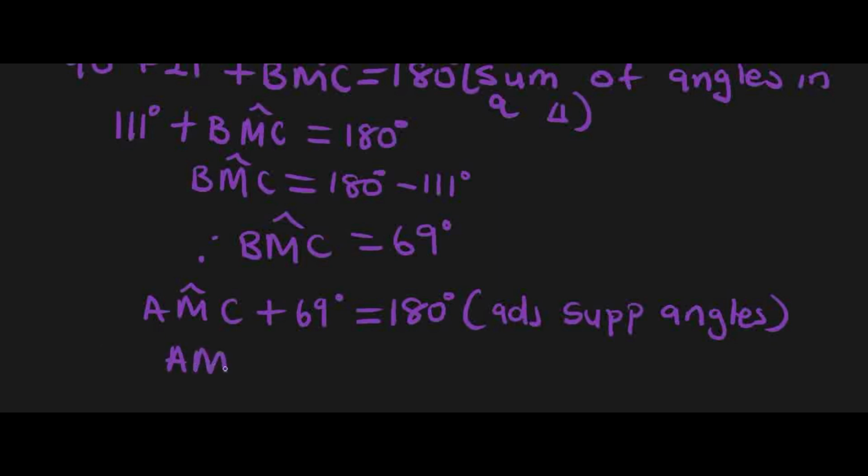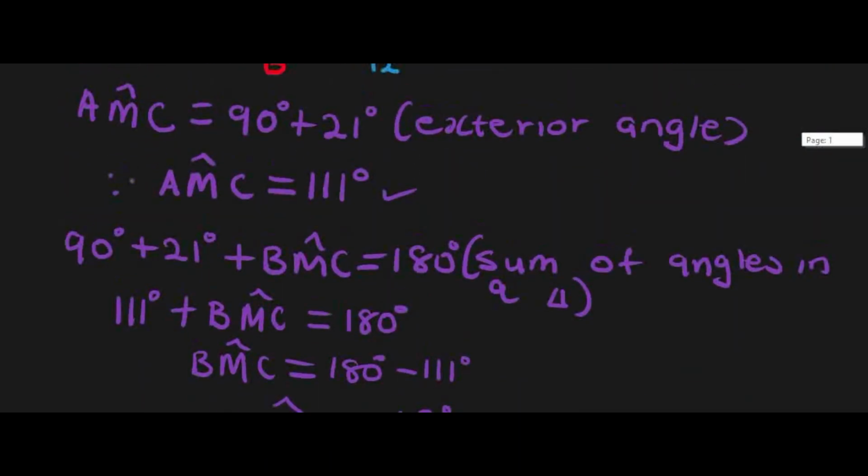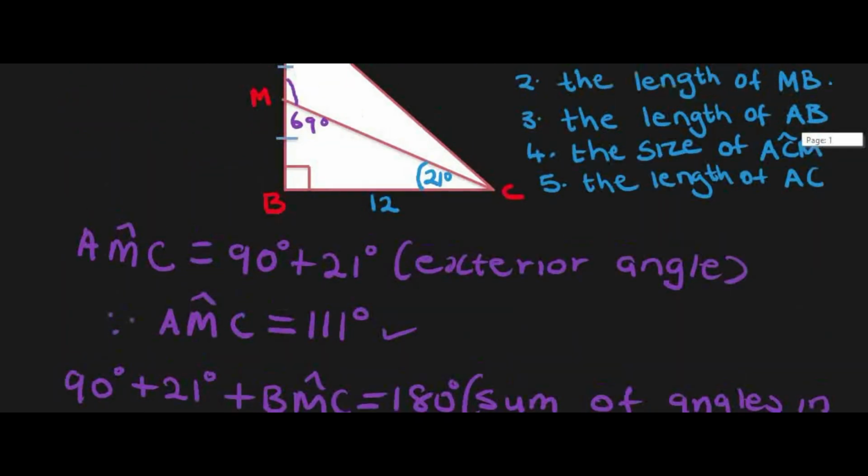Therefore, we'll say angle AMC is equal to 180 degrees minus 69 degrees. Therefore, angle AMC is equal to 111 degrees. Now we are done with number 1.